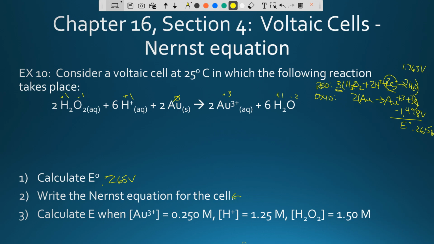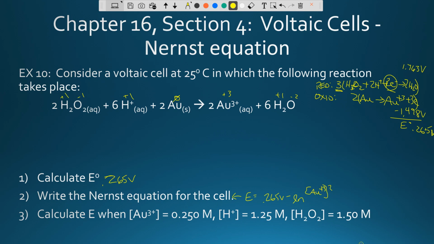Okay, so a Nernst equation with this is simply saying we have my E value, and we found my potential is going to be 0.265 volts minus the natural log of my gold ion, and it is squared.